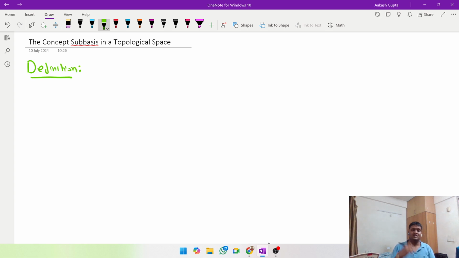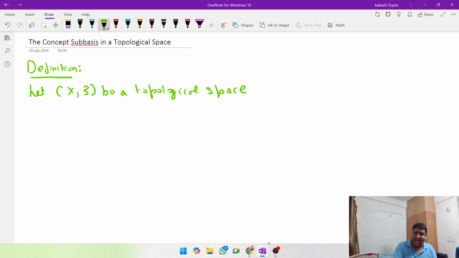Definition of sub-basis. Let (X, tau) be a topological space, and some sub-collection, say script S, contained in 2 to the power X, what is 2 to the power X?